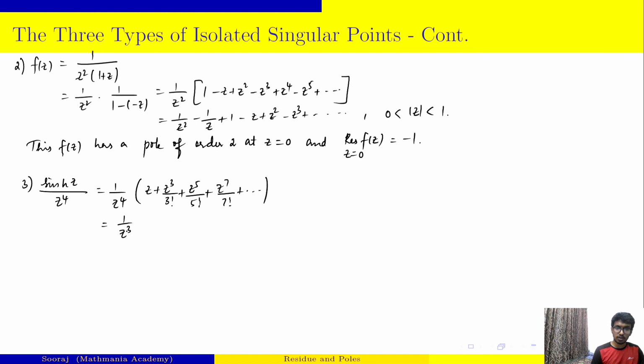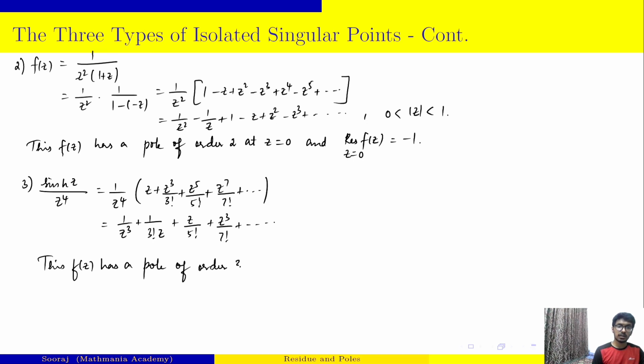This is 1 upon z cube plus 1 upon (3 factorial z) plus z upon 5 factorial plus z cube upon 7 factorial plus etc. This f of z has a pole of order 3 at z equals 0, and the residue of the function at z equals 0 is 1 upon 6, that is 1 upon 3 factorial. Here the validity is in this punctured disk.